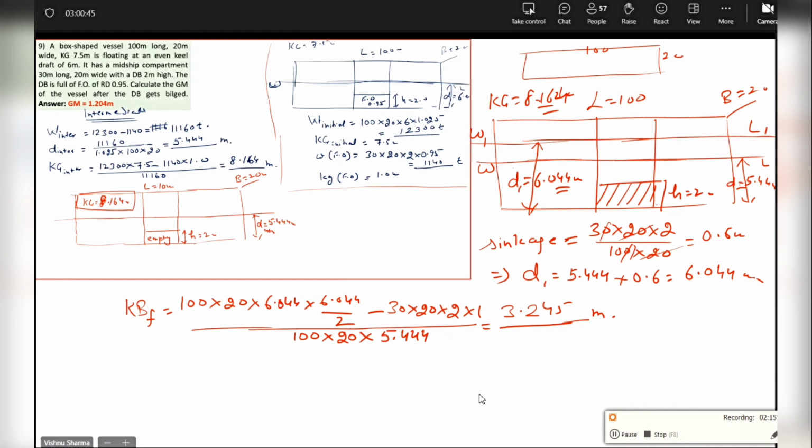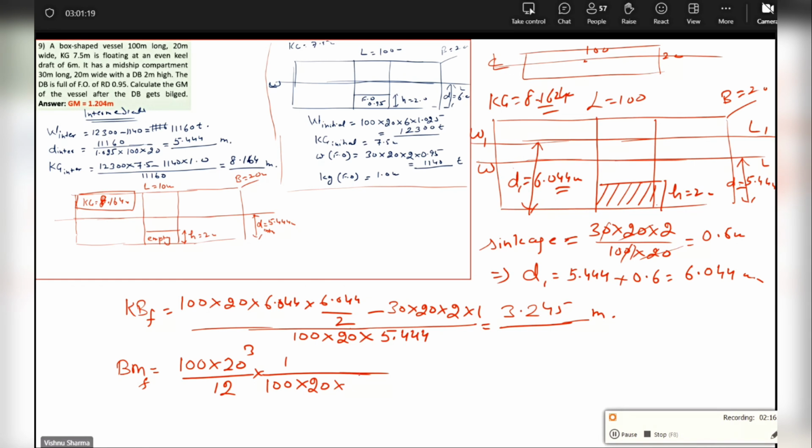Now we find the BM. What is the water plane? It's fully intact. The center line will be the one passing through the center of flotation. So BM after bilging will be equal to L B cubed, so 100 into 20 cubed by 12, divided by the volume of displacement. Volume of displacement will be 100 into 20 into which draft, guys? Intermediate condition, sir.